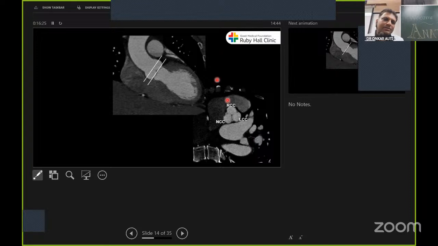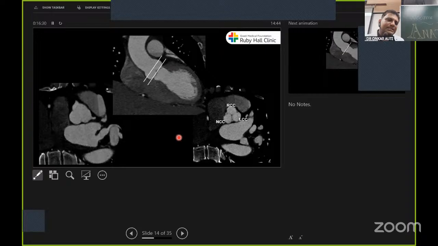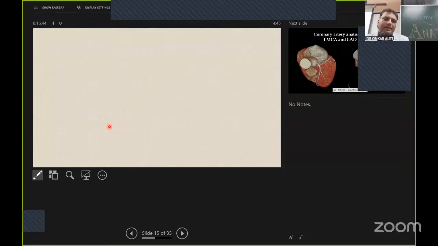If you cut a little more above, at the level of the sinuses, you will see the origin of the coronary arteries from here. So the right coronary cusp gives off the right coronary artery. The left coronary cusp gives off the left coronary artery. Clear? Okay. Let's again look at the radiological picture over here.